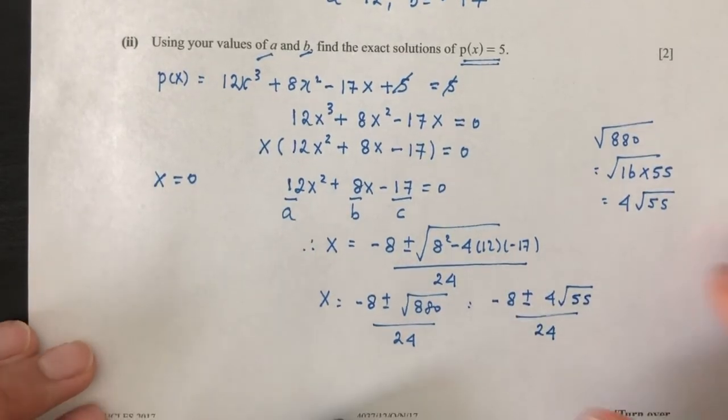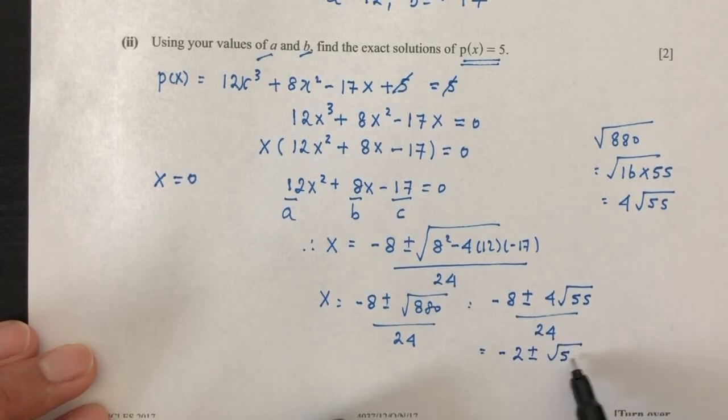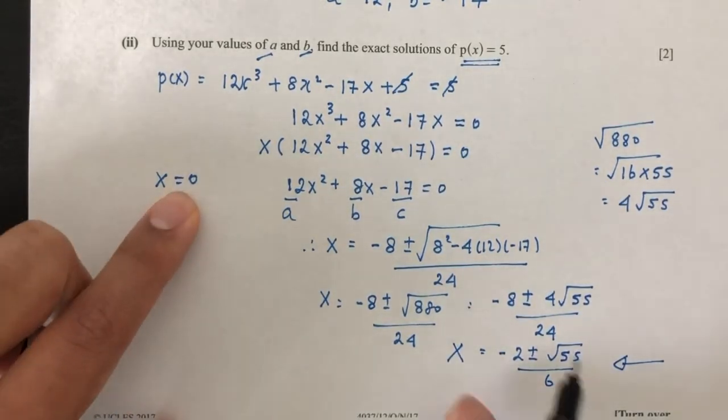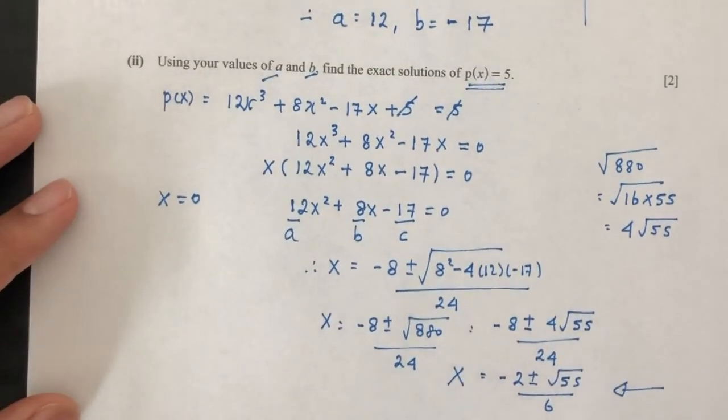You can simplify this. If you divide by 4 up and down, you will have minus 2 plus minus root 55 over 6. So this will be your other value of x. So we have x equal to 0, x equal to this. And this is question number 7.